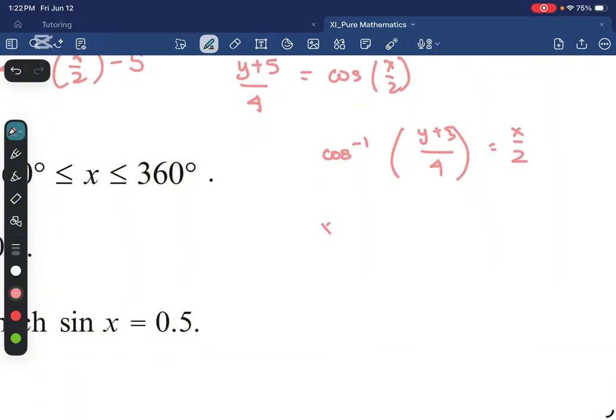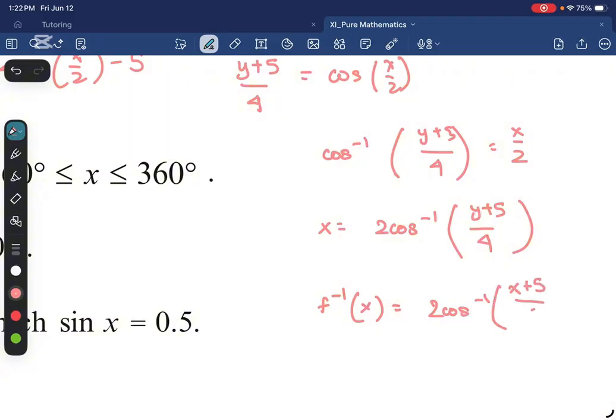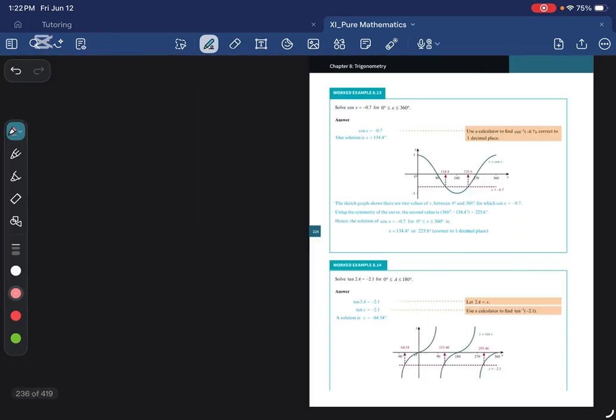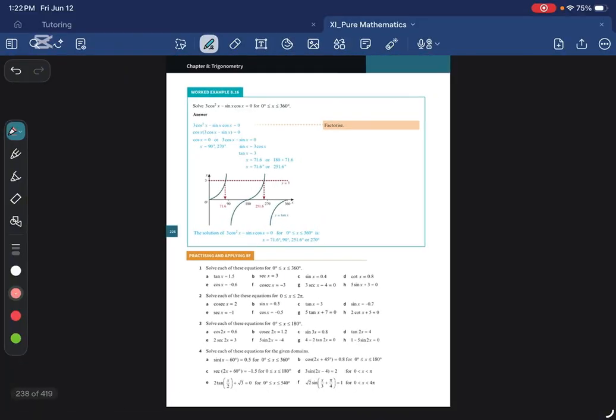And basically, x is 2 cos inverse of y plus 5 over 4. And that gives me f inverse of x is going to be 2 cos inverse of x plus 5 over 4. And we are done. That is the equation for f inverse of x. And we're done with this topic. All right.